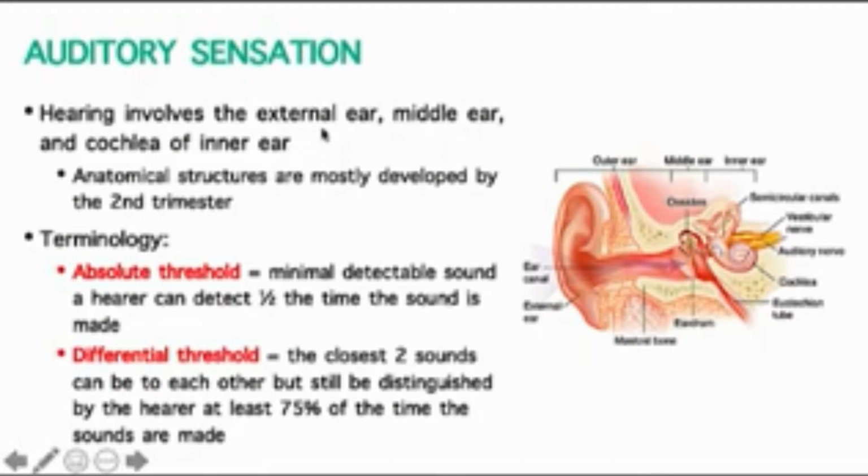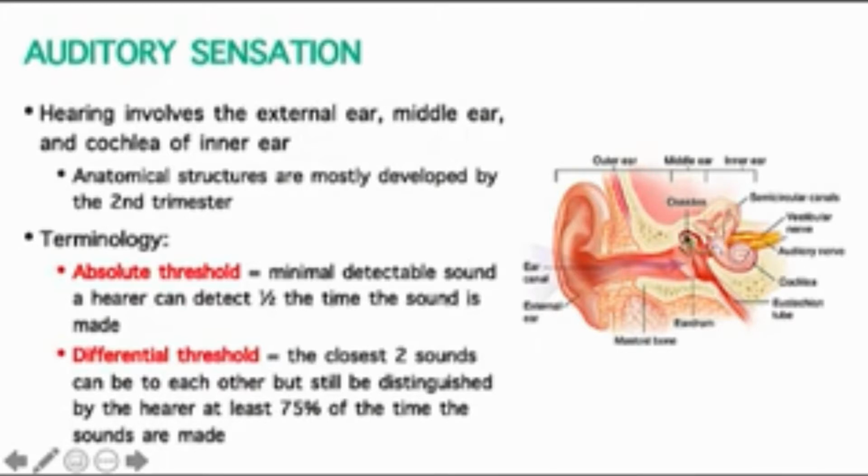Hearing is going to involve all of the external, middle, and inner ear, specifically the cochlear part of the inner ear. Remember I told you the vestibular system is made up of the semicircular canals, and you can see they're all pointing in different directions.